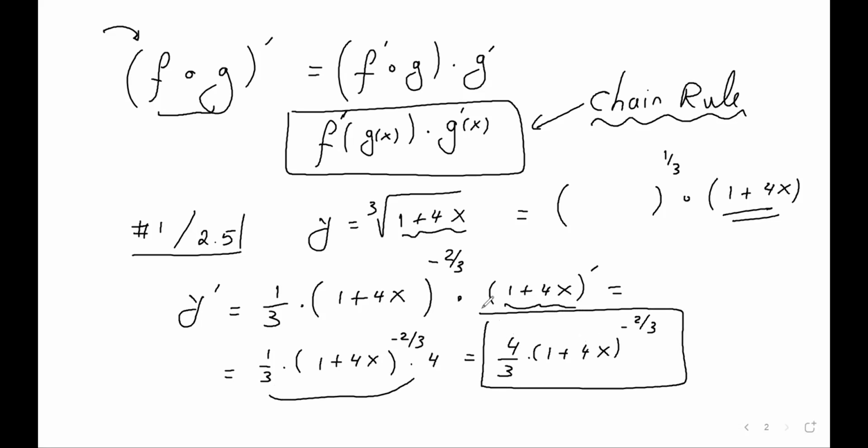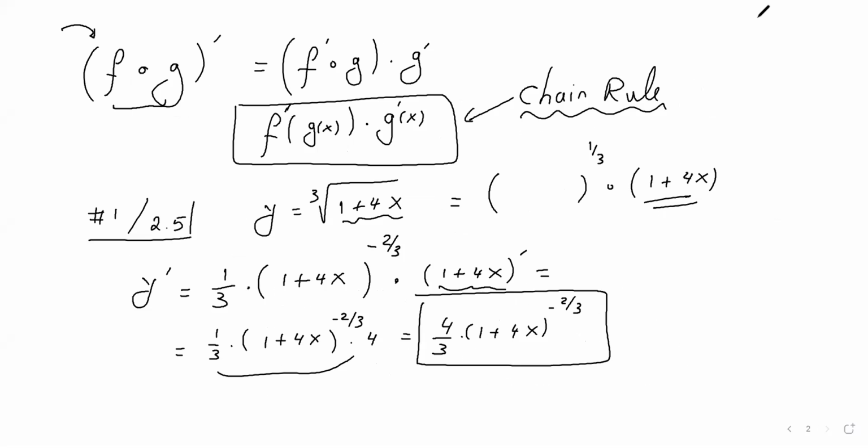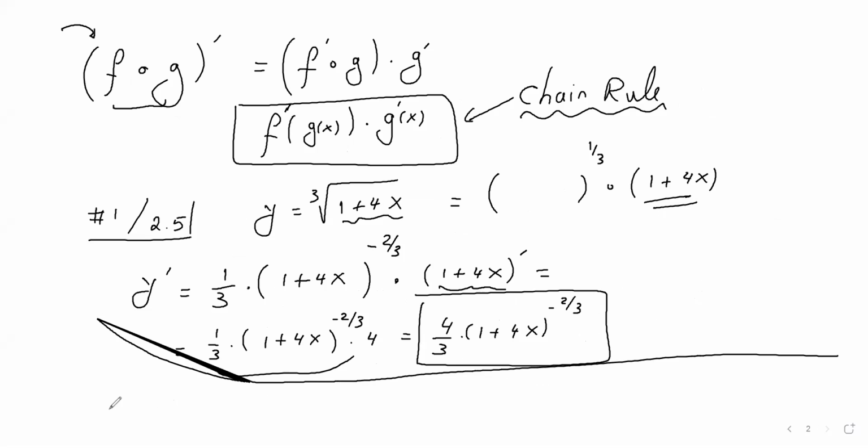Now let's analyze and see what happened here. So here's what happened, folks. I'm going to increase the size here, kind of want to analyze this. So we're done with the problem. But here's what happens when we look at the overall picture. We started with 1 plus 4x to the 1/3, and we primed that.